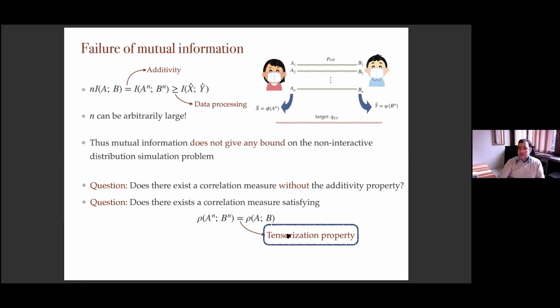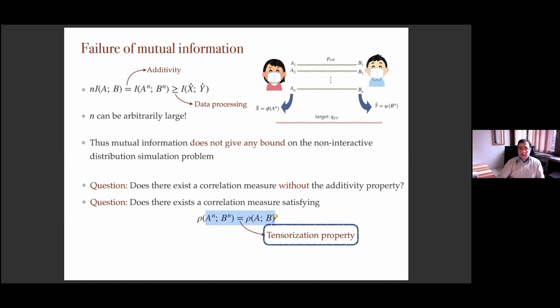This is called the tensorization property. It's the opposite side of the additivity. In the additivity, the correlation scales linearly, and in the tensorization property, it does not scale at all. I get exactly the same number as if I compute it on a single copy.